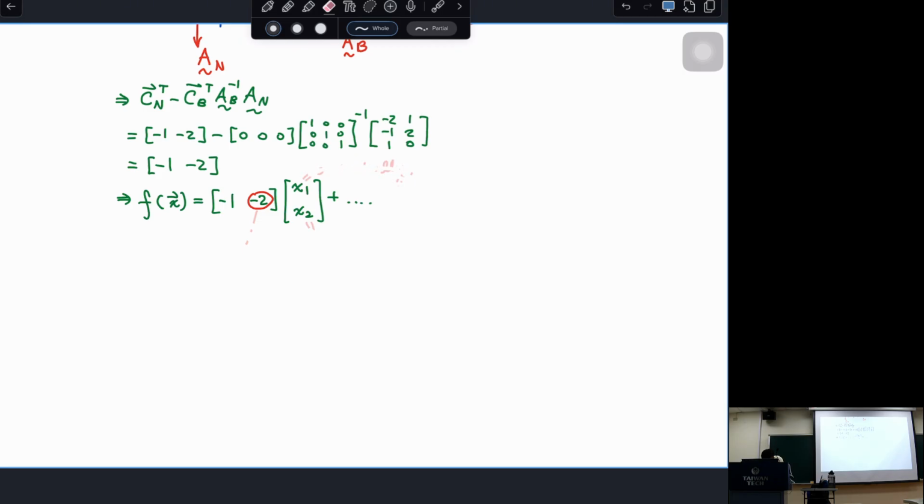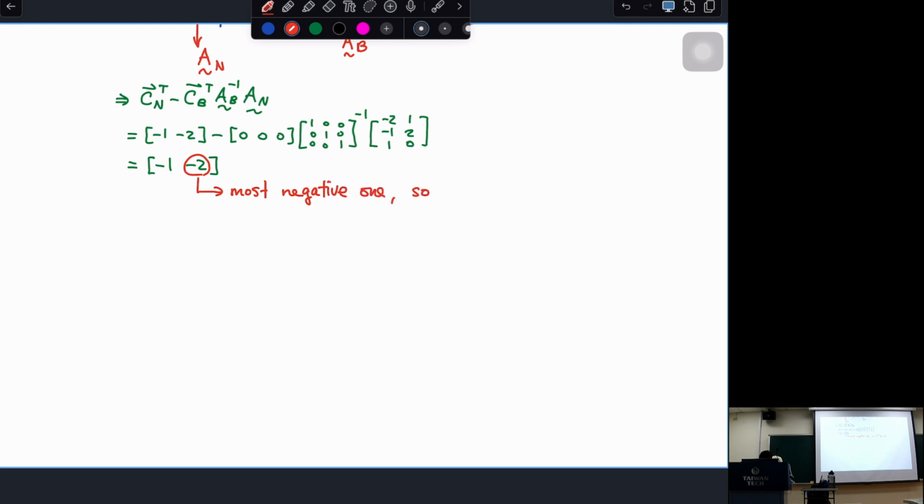When we summarize, we don't need to say all of this. We say, this will be the most negative one, so the second non-basic is chosen. Which one is the second non-basic? It is x2. That's all you need to do.